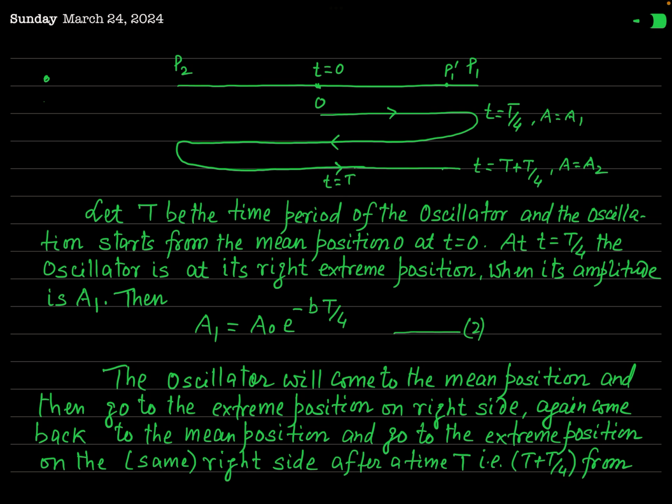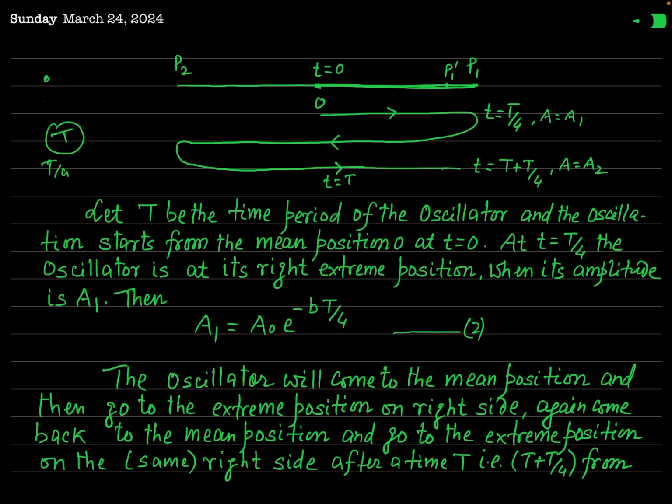If capital T be the time period of the oscillation, then the time taken by the oscillator in moving from the equilibrium position to an extreme position is just 1/4 of the time period. So the oscillator will take a time T by 4 in moving from O to P1, where P1 is an extreme position on the right side.